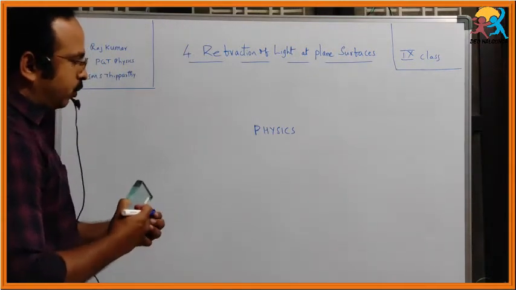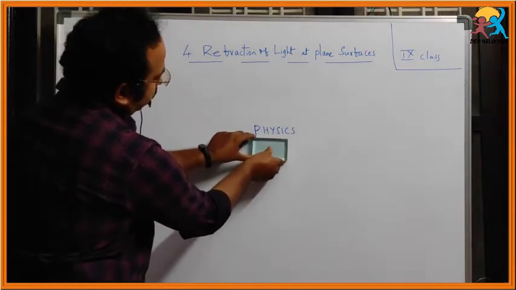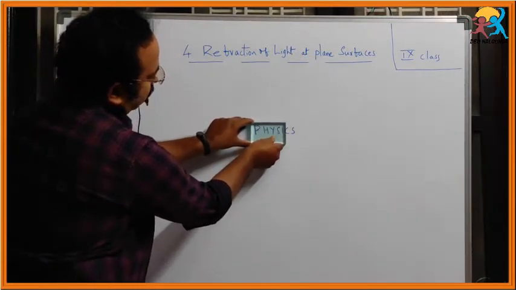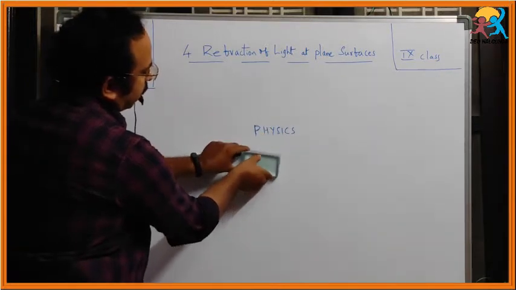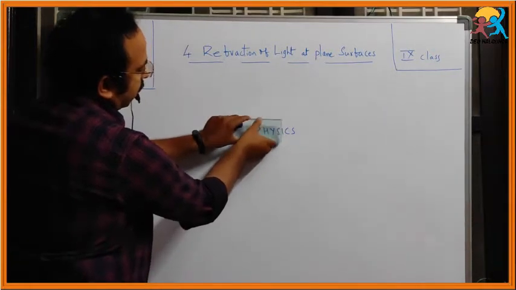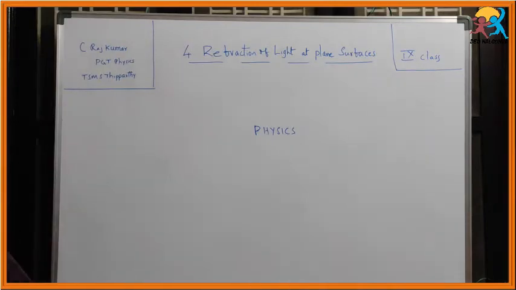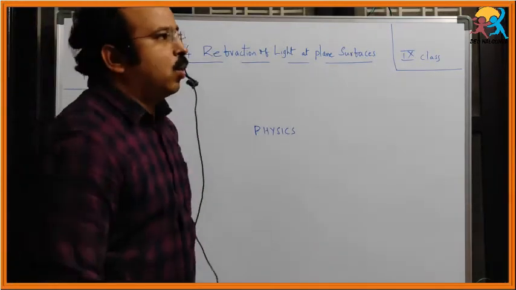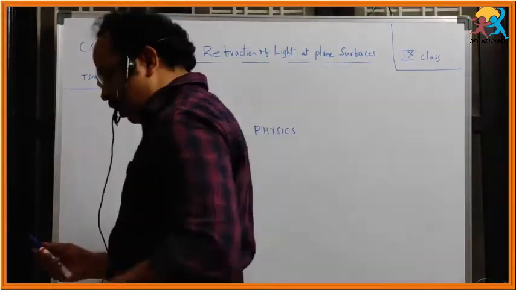If I see through this glass slab, the letters appear to be bigger in size or raised upward. Am I right? So in all these cases, what actually happens? That we'll discuss.